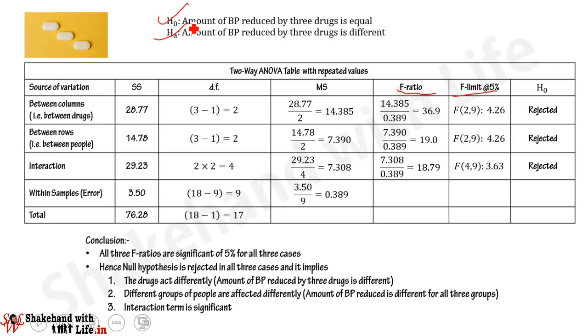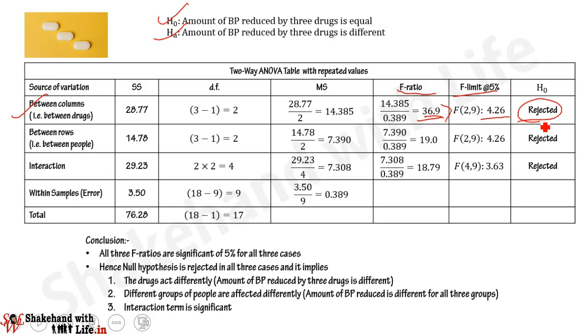Okay, now consider the first factor, which is the effect of three drugs, right? So here we have the F ratio is 36.9 and F limit is 4.26, and clearly the F ratio is much greater than F limit, and therefore for this case the H0 or the null hypothesis needs to be rejected. So here we reject the null hypothesis for the first case.